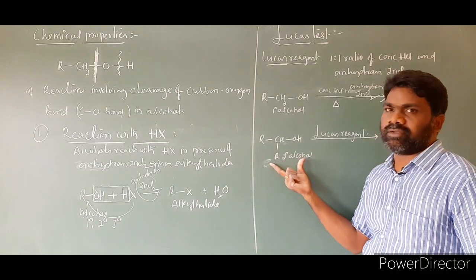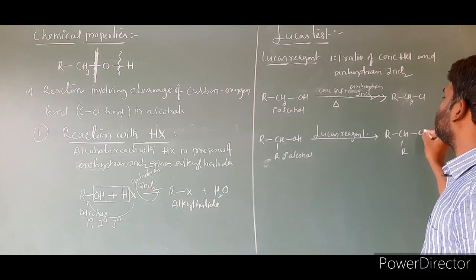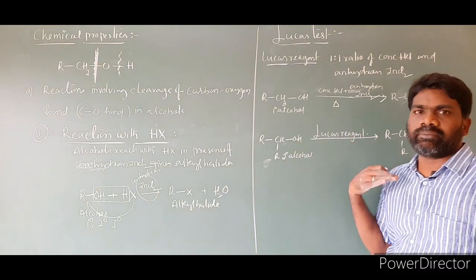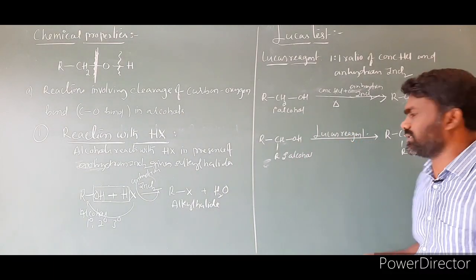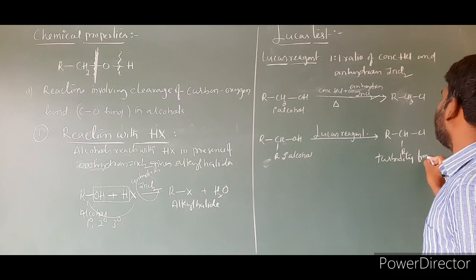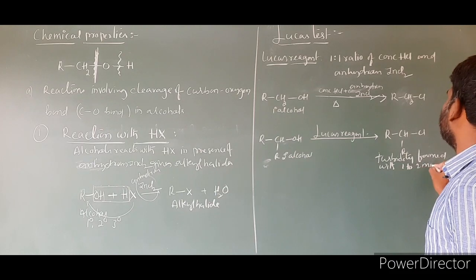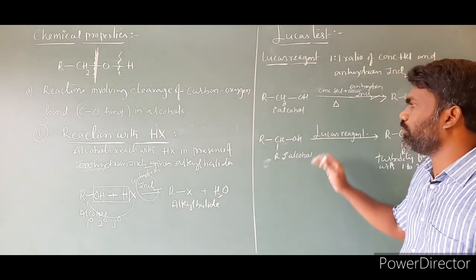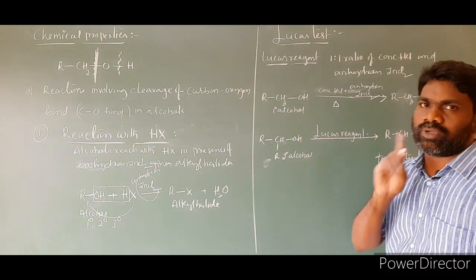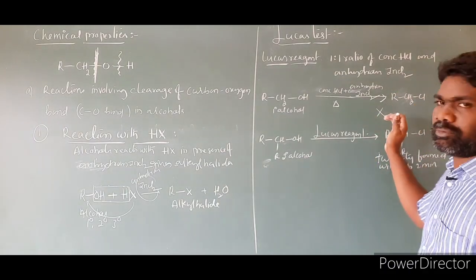The secondary alcohol treated with Lucas reagent gives RCHRCl. The important point is that turbidity forms within 1 to 2 minutes at room temperature. Keep in mind that primary alcohols do not react with Lucas reagent at room temperature, so there is no reaction.